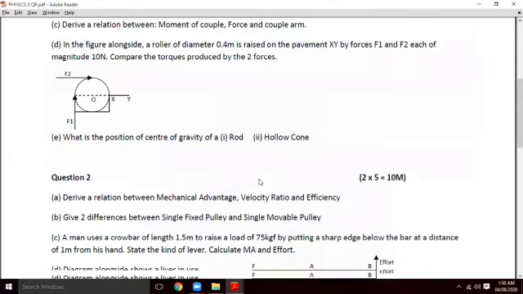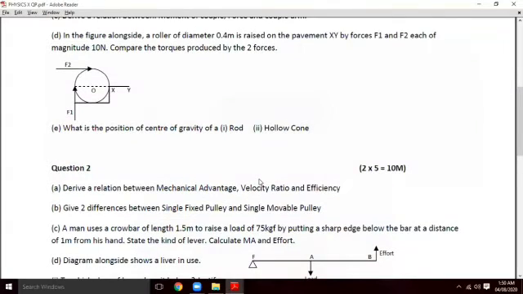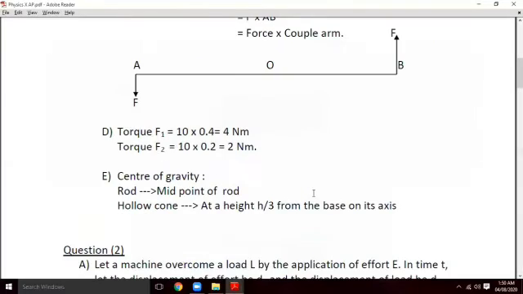The first question in the question number 2 is a small derivation between the relation of mechanical advantage, velocity ratio, and efficiency. The answer goes like this.